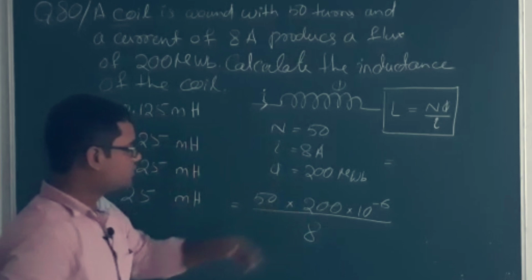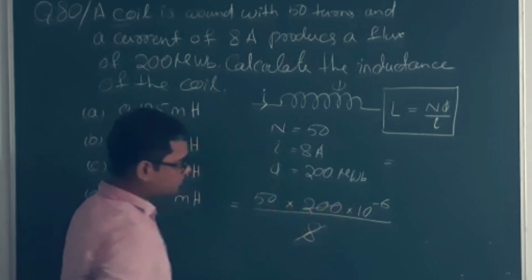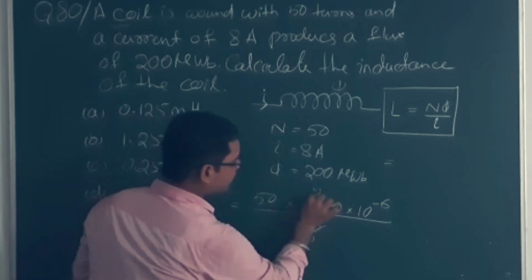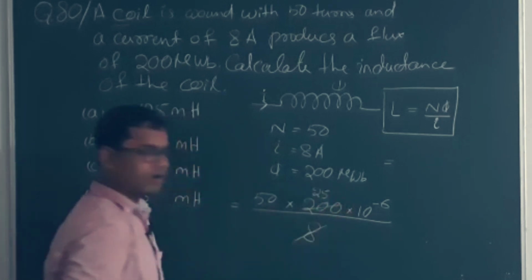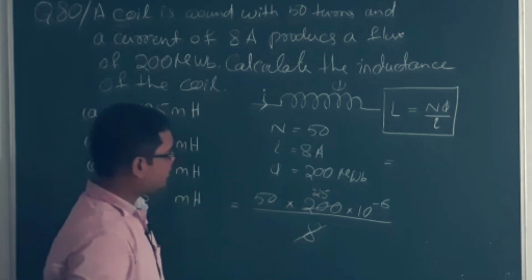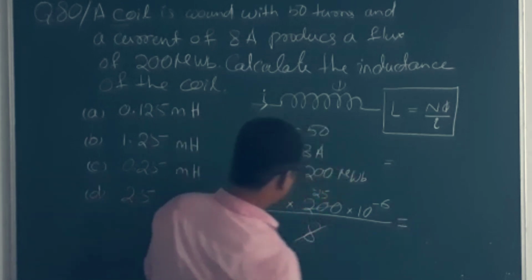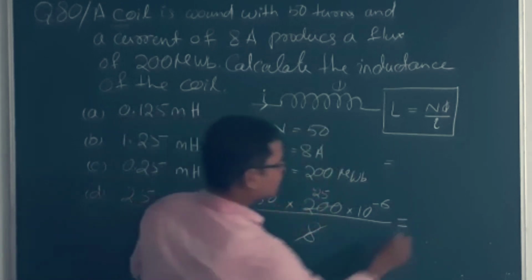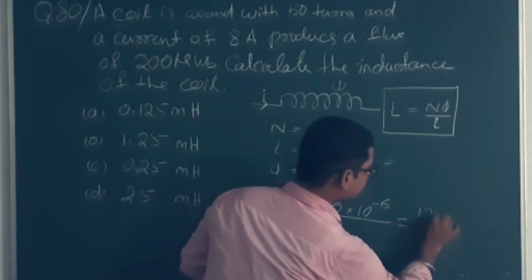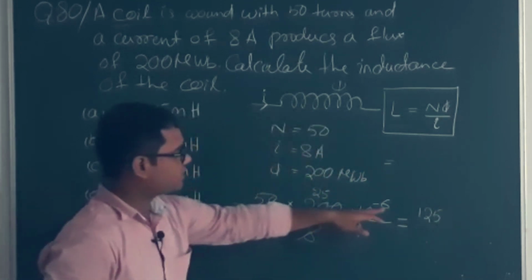Whenever you solve, you can cancel this with 25, because 25 times 8 is 200. So 25, then you are getting 5 into 25, so 125.